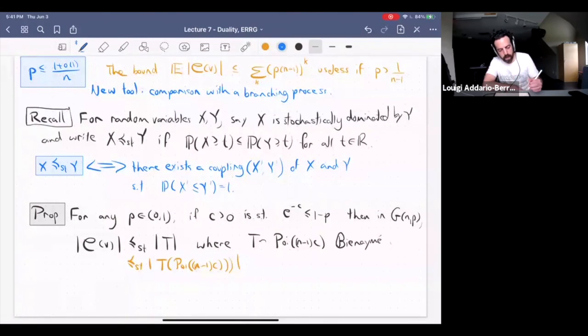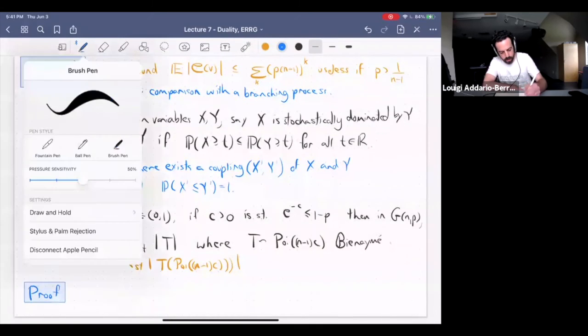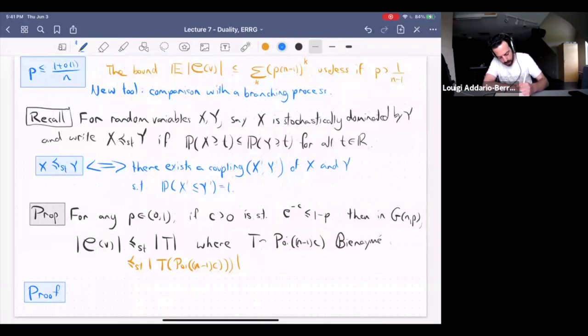Okay, so we'll prove this by induction, on n, the size of the graph. If n is 1, then it's obvious.